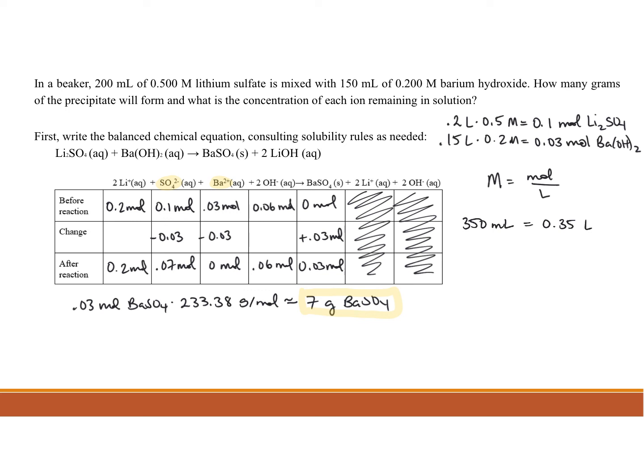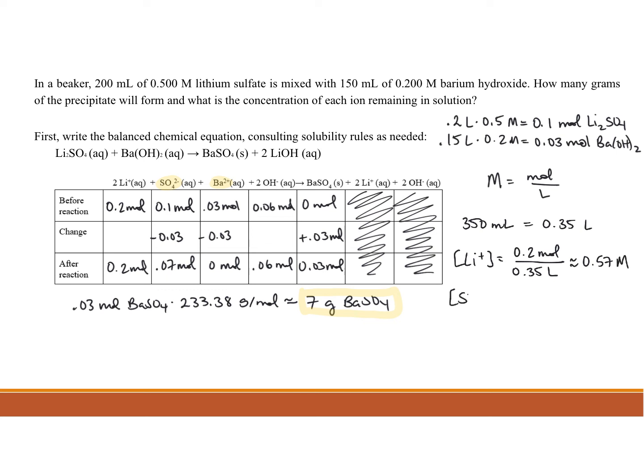So the Li+ concentration, I'm going to put that in brackets. Well, remember it was a spectator ion, so it doesn't change at all. We take the 0.2 moles divided by 0.35 liters, and that gives you 0.57 molar.